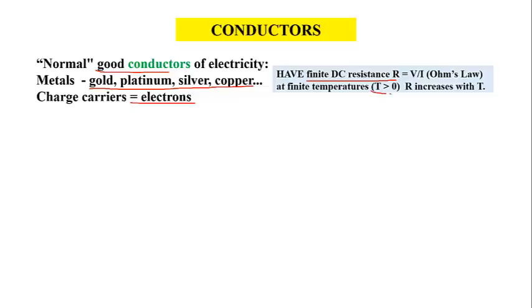So above T equals 0, you have values where you can get current through that. So really what we should say is that for T greater than 0, we have conductivity, and with conductivity will be a corresponding resistance.